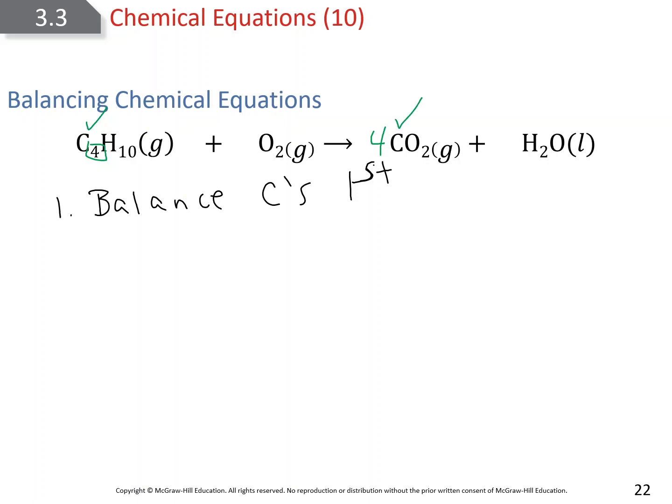Now, my second step is going to be to balance all hydrogens, ignoring everything else. So on the left side of the reaction, I have 10 hydrogens. I have 10 hydrogens because that's what my subscript tells me.